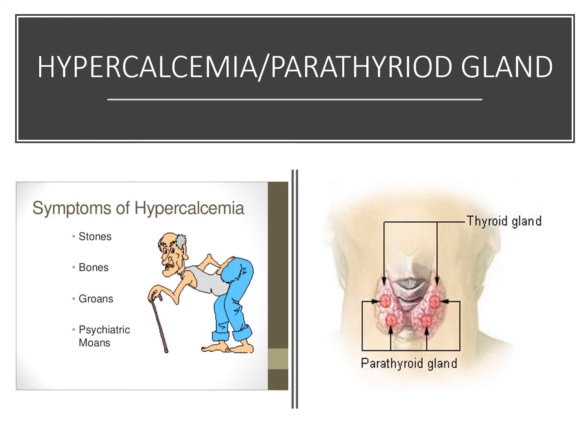And lastly, psychiatric moans. That's referring to the increased calcium levels causing changes in the nervous system and leading to potential psychiatric symptoms. Okay, so kidney stones, painful bones, abdominal groans, and psychiatric moans. So there's a bit of a way to remember hypercalcemia. The image on the right is just showing you that the parathyroids live right on the back side of the thyroid gland in the neck.